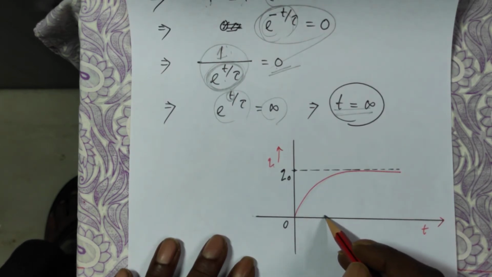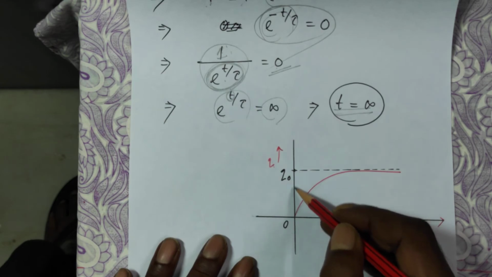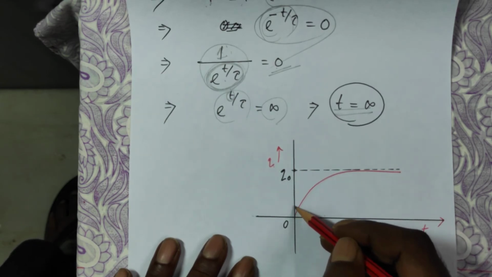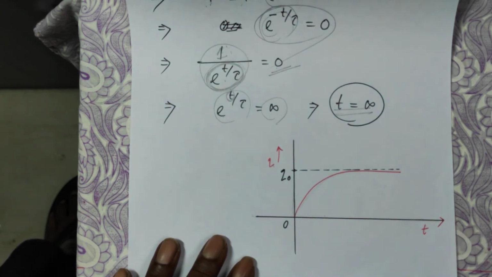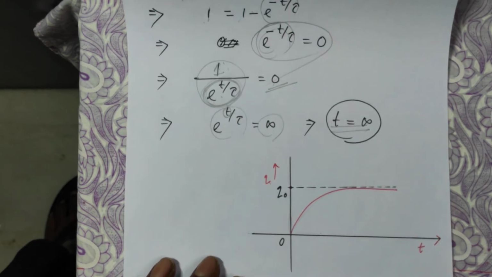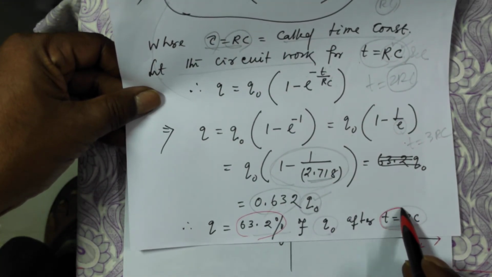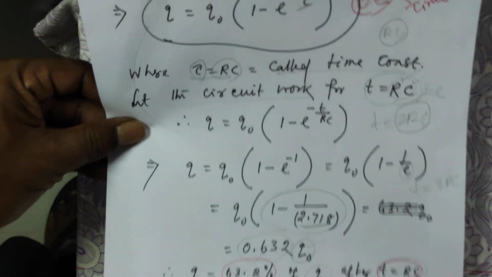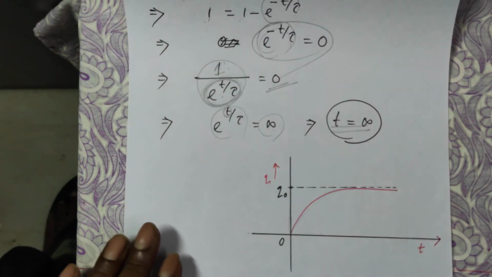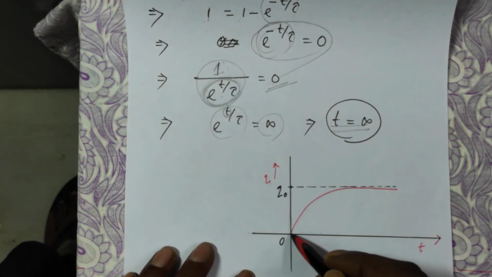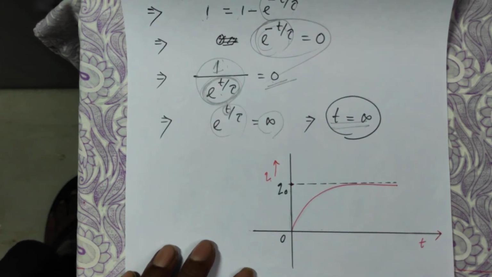So if you say from here to here is Q naught, that is, this part is 100%, and that 63% which I explained to you, 63.2% after one time constant, then from here to here is 100%, that is Q naught.